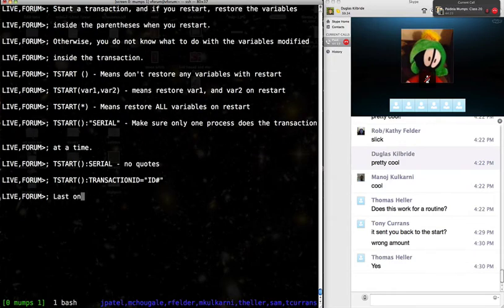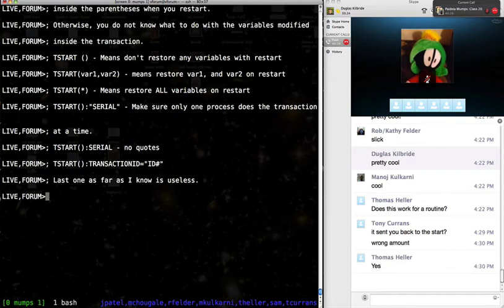Now, that last one, as far as I know, is useless because I've never figured out if it's any use, and I'm pretty sure I've been over the GTM documentation several times on this, and I've never seen that they actually made it of any use. So far so good. This is basically how we use transactions in MUMPS.